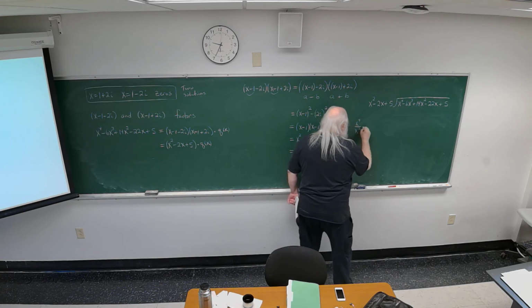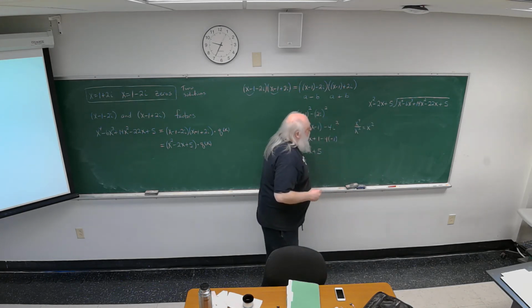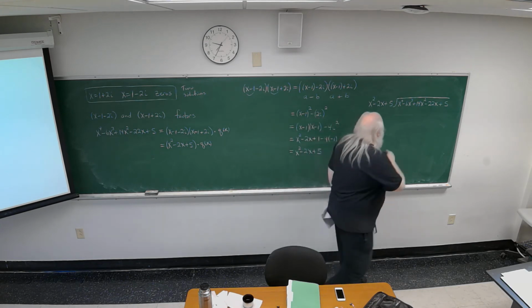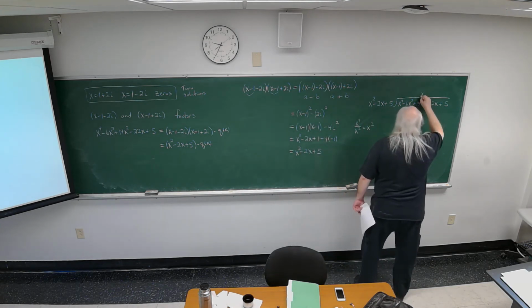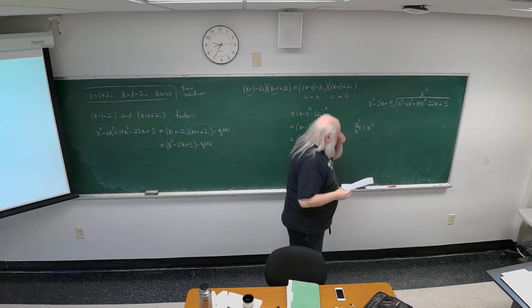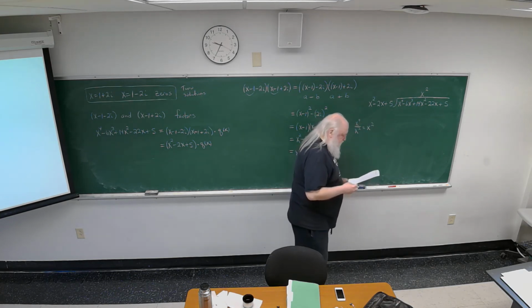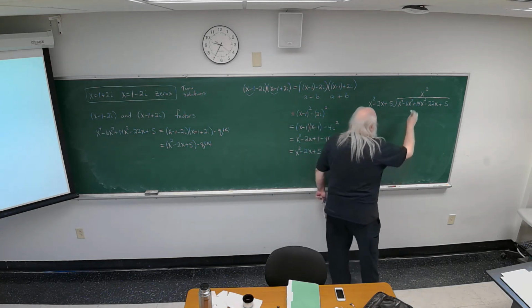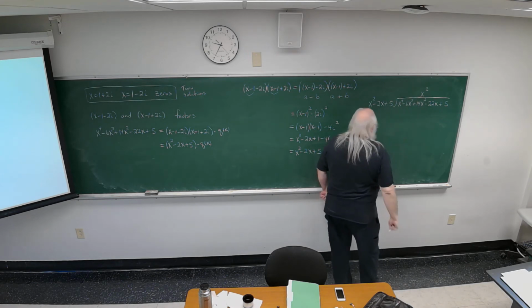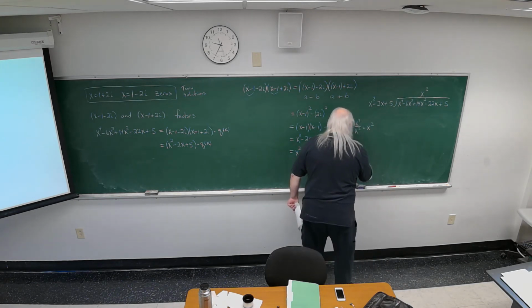So x to the 4th divided by x squared is x squared. So x squared goes into x to the 4th, x squared times. So you put that above the x squared under the long division symbol. And now you multiply x squared times x squared minus 2x plus 5, the divisor.